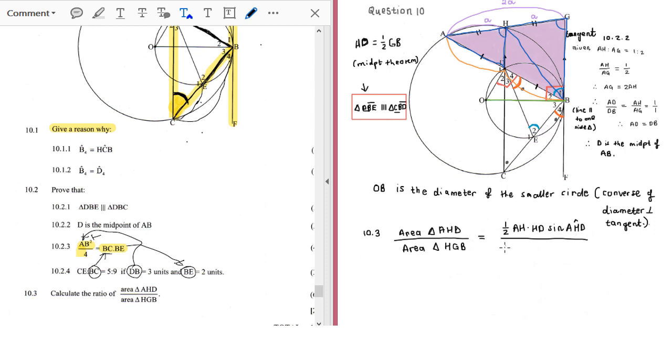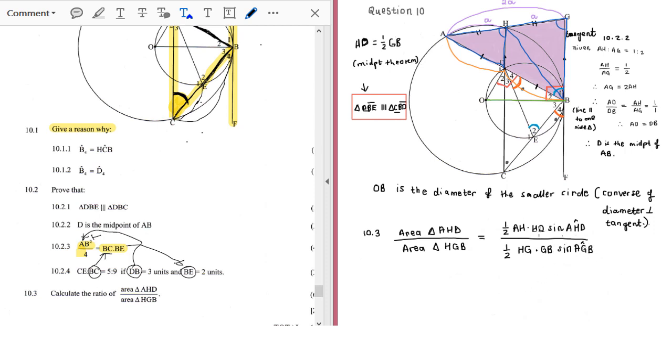For the other triangle, we'll do the same thing. We're going to have 1/2, so the including sides are going to be HG times GB times the sine of angle AGB.